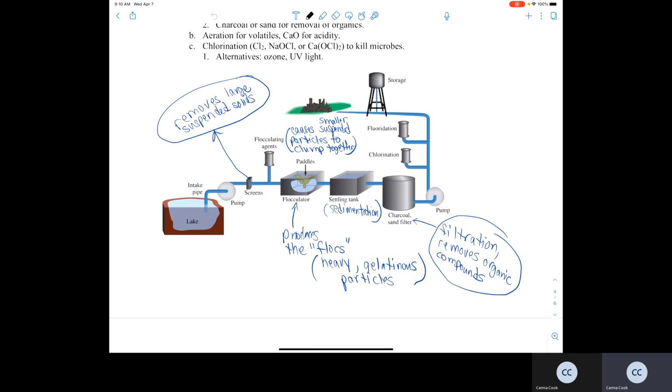And then, after the water passes through the screens, the large particles get trapped in the screens. And then the remaining water passes through, and flocculating agents are added to the water.